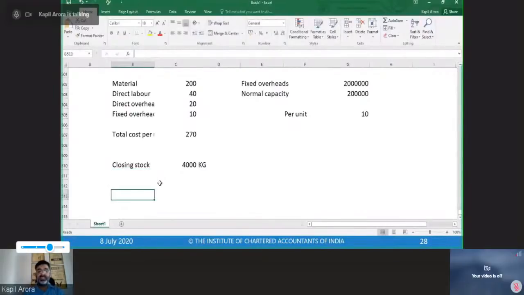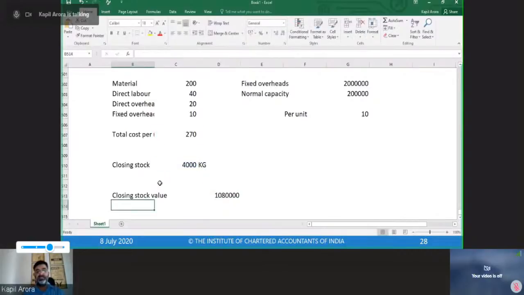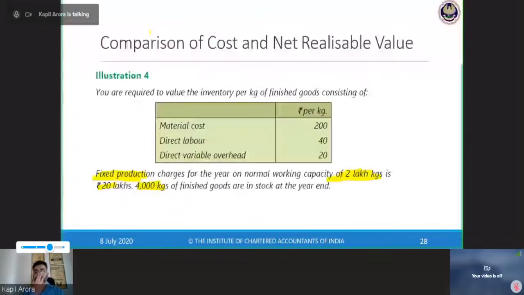So what is going to be the closing stock value? It would be the number of units multiplied by price per unit. This would be the value of my closing stock as per the guidance of AS2.